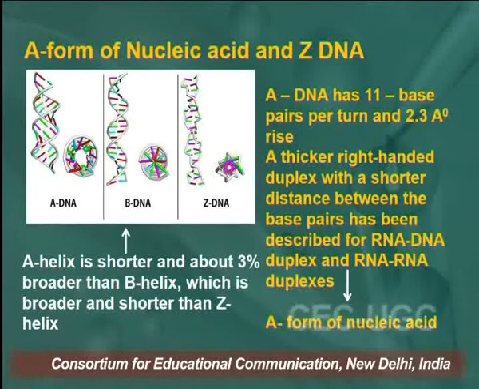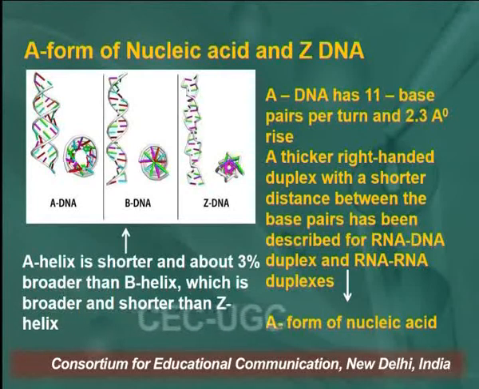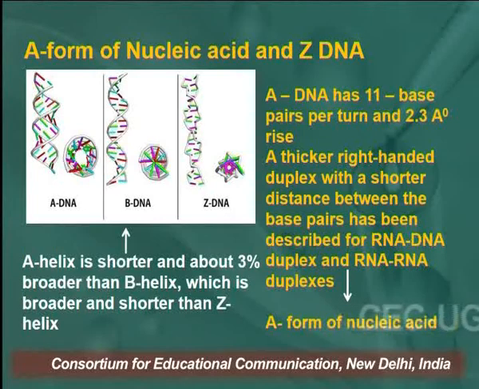Now we talk about the A helical structure of DNA, and the Z form of DNA. The A form of DNA has 11 base pairs per turn and a 2.3 angstrom rise.